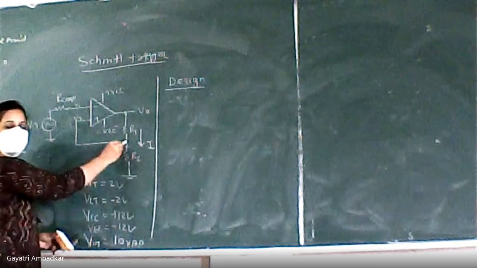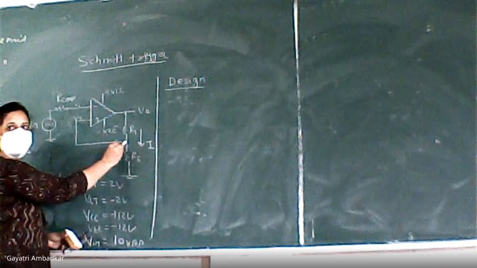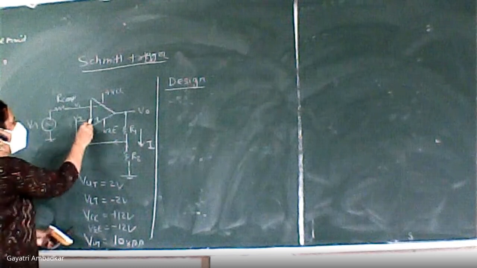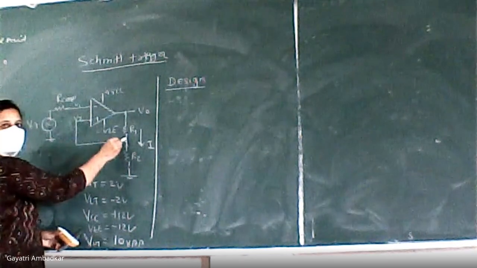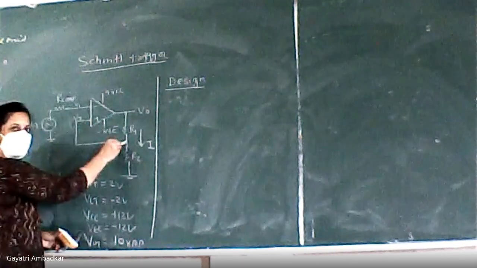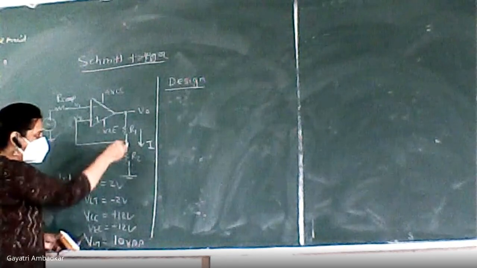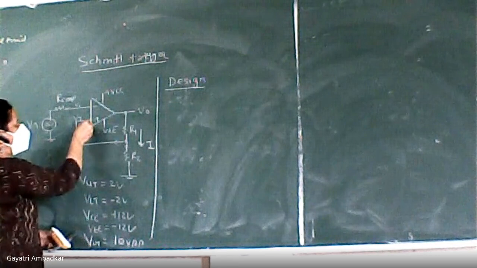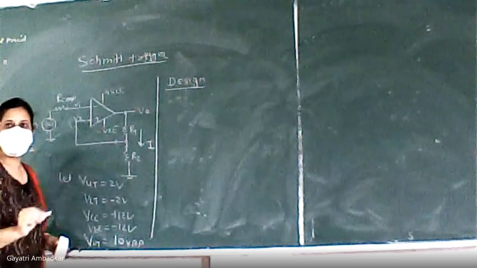What is the voltage at this point? V2. This point is nothing but this point, connected. This voltage is nothing but V2. V2 is the voltage across R2. It is a reference voltage.